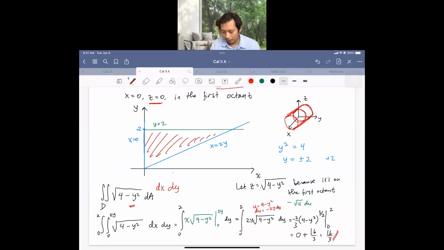Okay. Any questions? Any questions? Okay. To solve this, the idea is first to sketch and visualize the area, visualize the D. Secondly, to choose which integration order you would like to have, dx dy or dy dx.